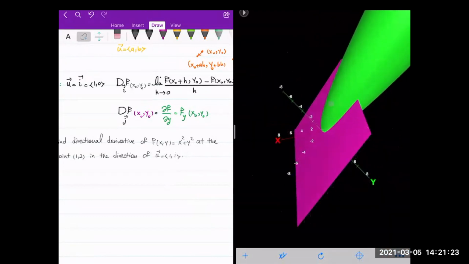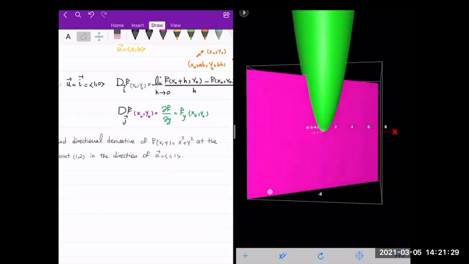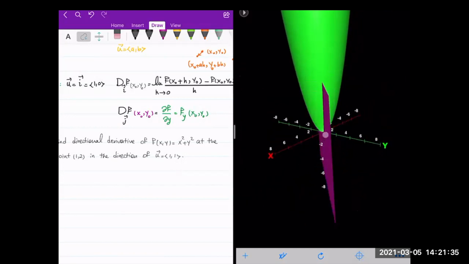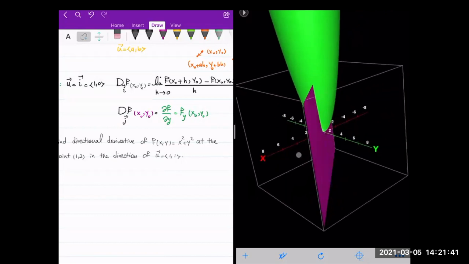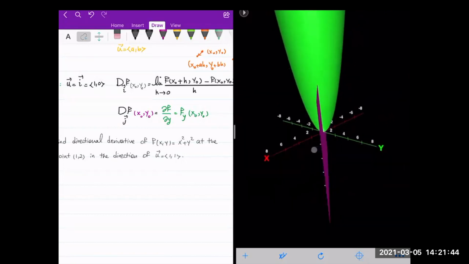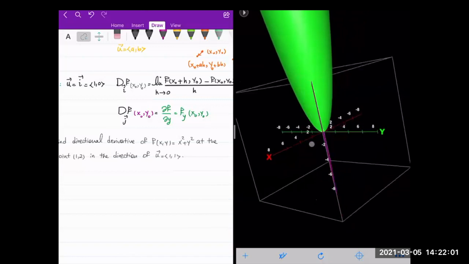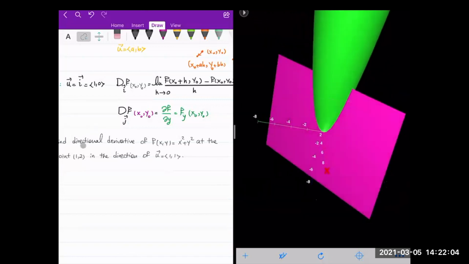Okay, and as you see, this is x and y at the point (1, 2). So 1 in the x direction, 2 in that direction. Yeah, so not at the point (1, 2).